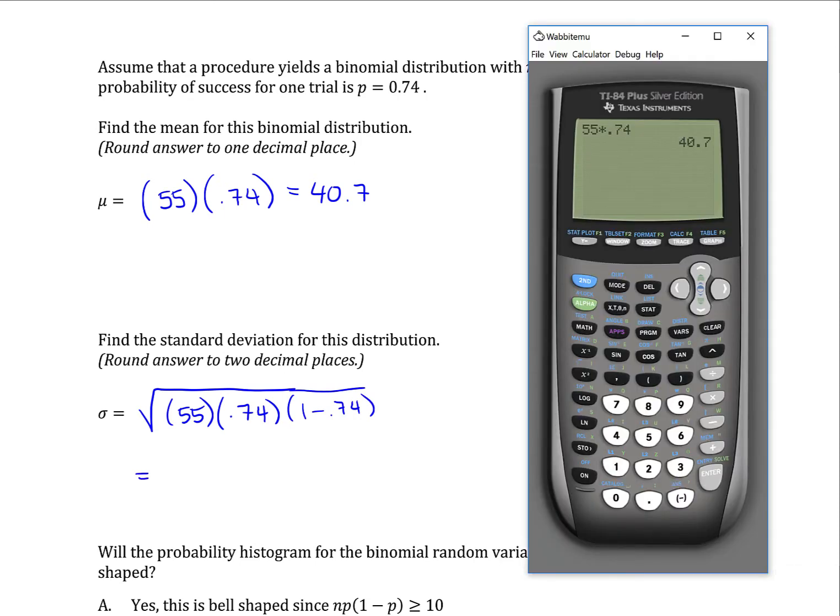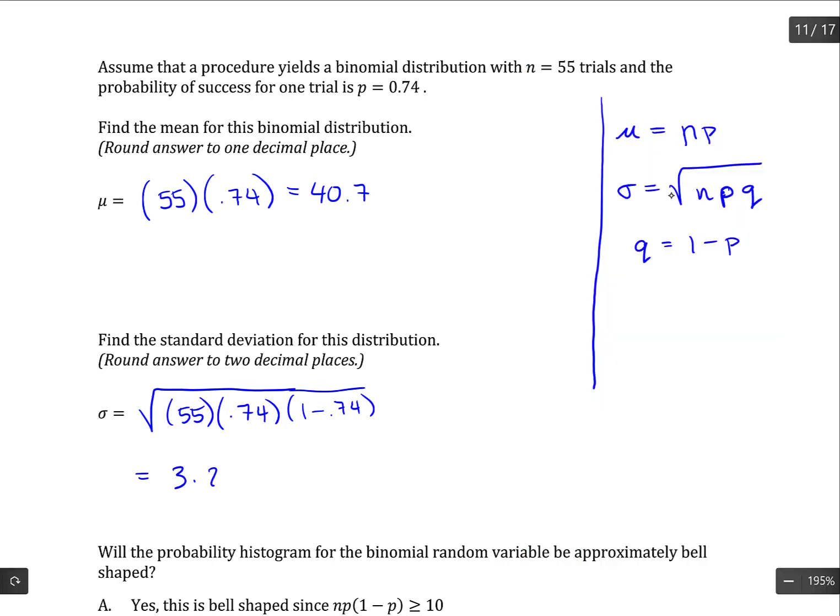Either way, 0.26 is what it is. So we would take the square root of 55 times 0.74 times 0.26. So 3.25. It says to 2 decimals, so we'll go with that. 3.25.